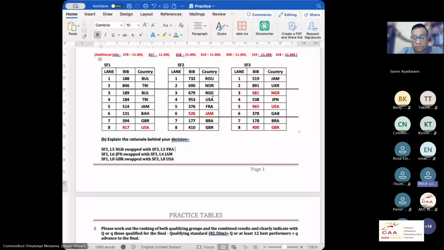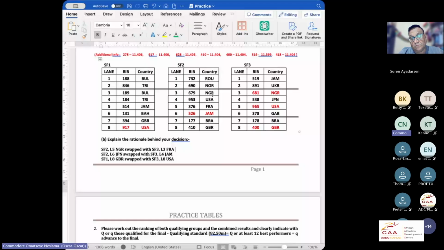I'm of the opinion that if you are taking any athlete from lane 7, you should find space in lane 7 in the group where he's going to, and vice versa, rather than rely on 2 and 7 and the 1 and 8. If you go to the rules, the rule says the group of lanes.